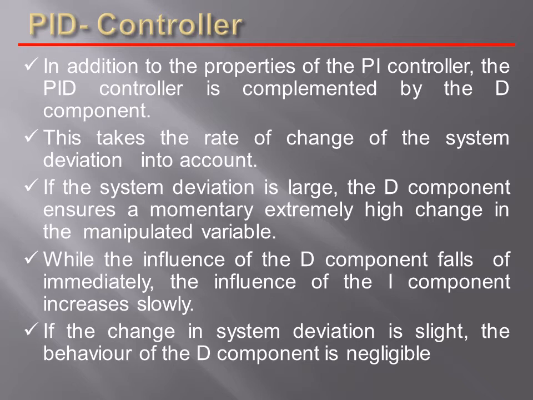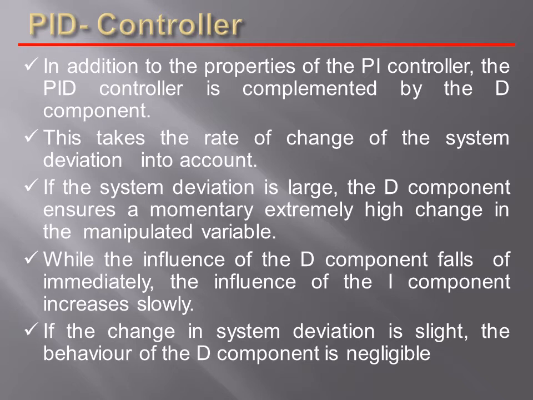So last time we have seen the PI controller. In addition to the properties of PI controller, the PID controller is complemented by the derivative component or differential component. This takes the rate of change of the system deviation into account.